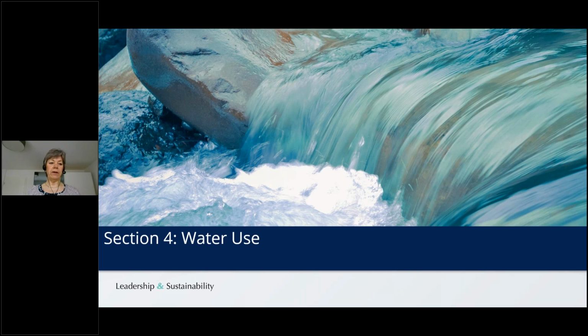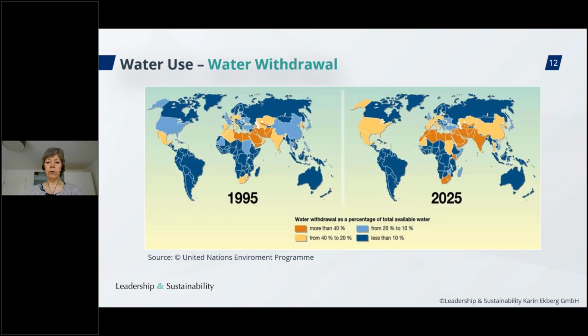Even 75% of those 2.5% fresh water is tied up in glaciers, making only 0.625% of all water available for use. So only 0.6% of all water is actually available for use. And therefore, water scarcity and water withdrawal is such an important topic.